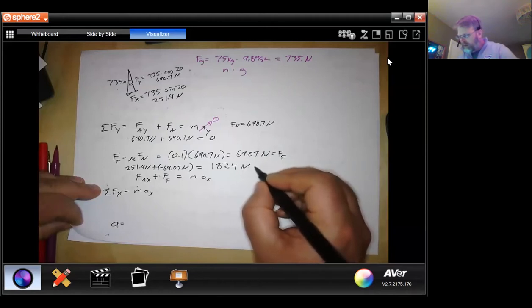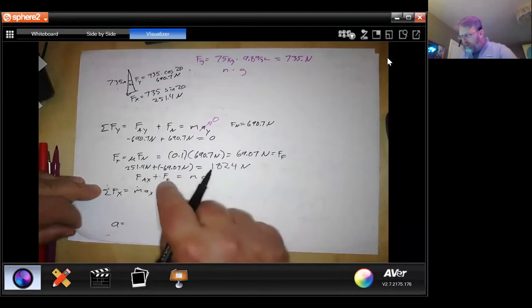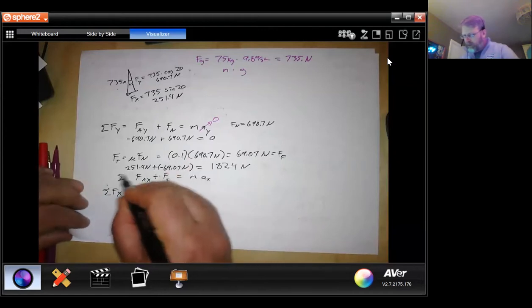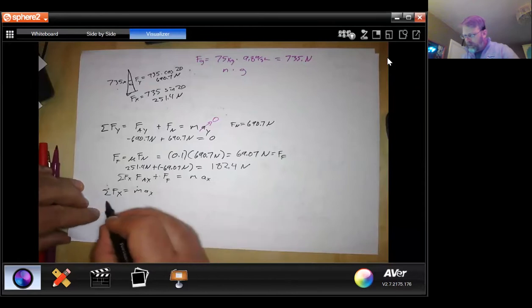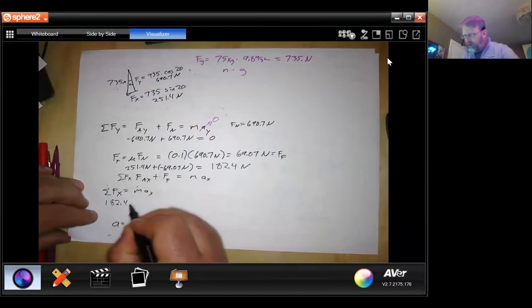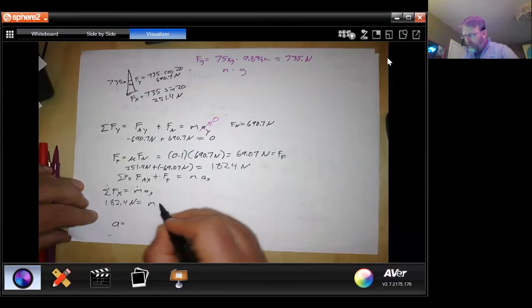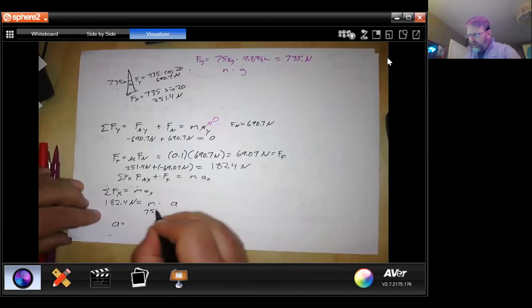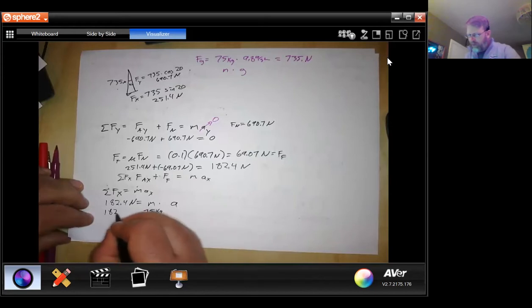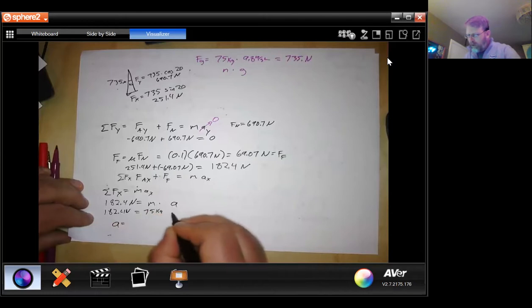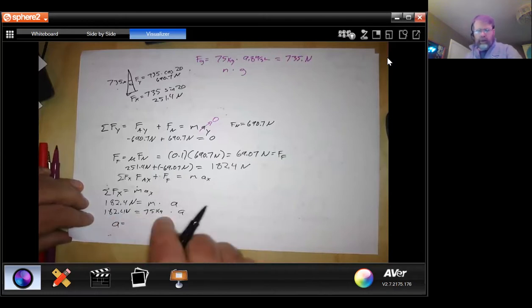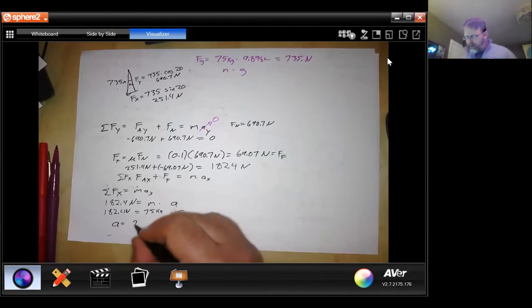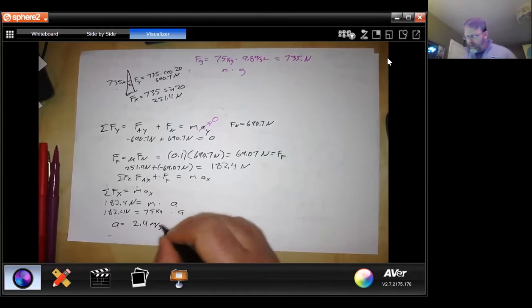So that was our sum of the forces in the x. We had 182.4 newtons equals our mass times our acceleration. Our mass was 75 kilograms, and we're solving for a. We divide both sides by 75, and we should get about 2.4 meters per second squared.